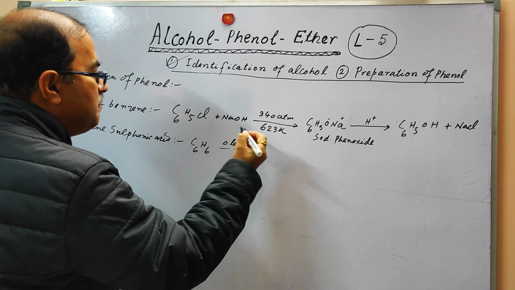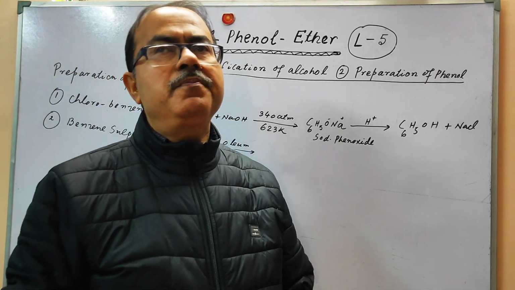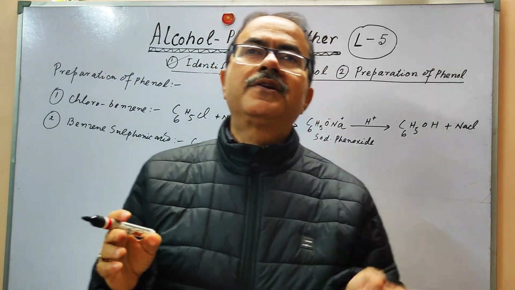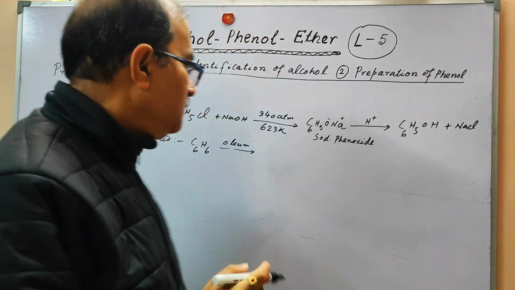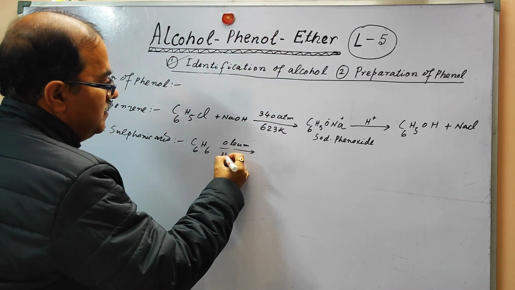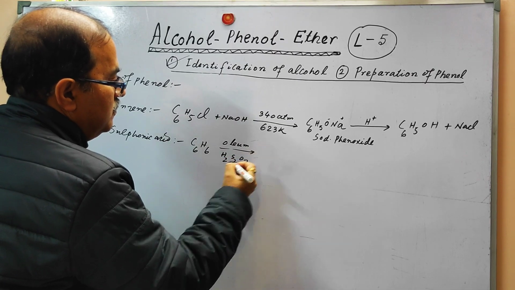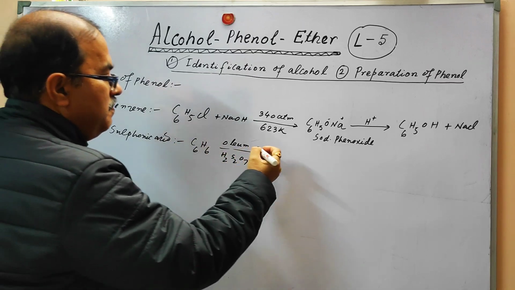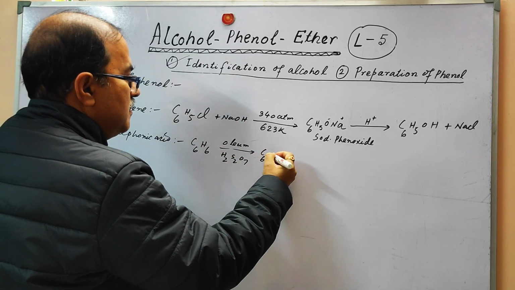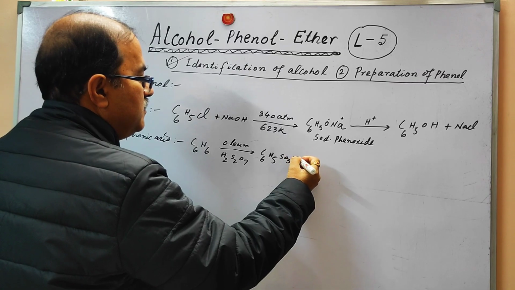What is oleum? Oleum is a solution of sulfur trioxide in the sulfuric acid. So its formula is H2S2O7. So from this treatment with the oleum, we will get the benzene sulfonic acid, right?